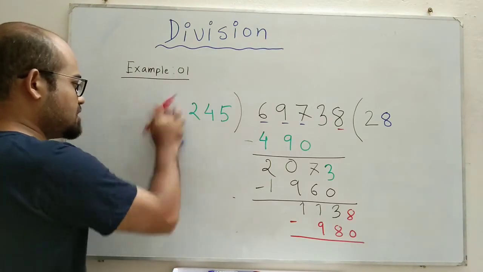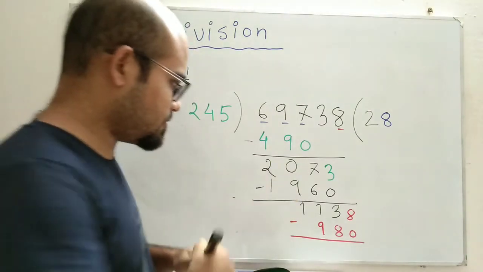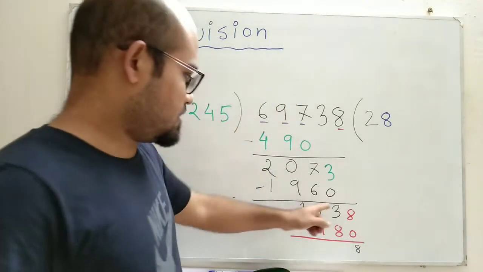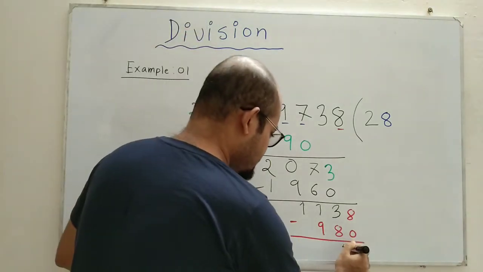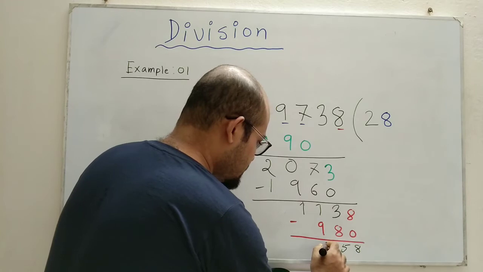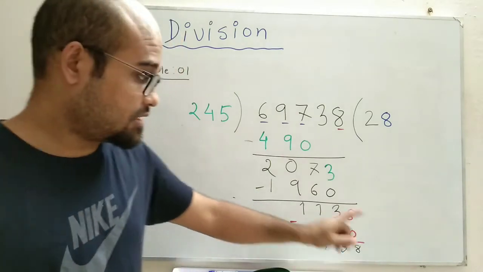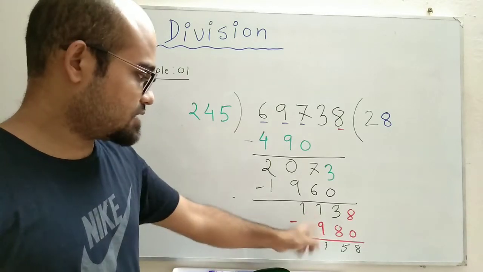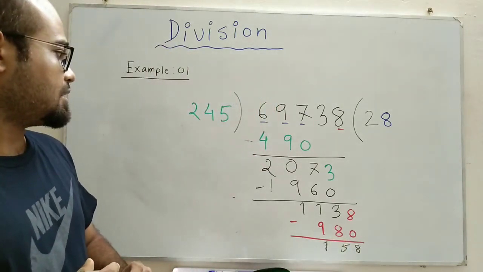After putting 980, what do we do? Well, let's carry out the subtraction process in order to see what we have found. 8 minus 0 gives me 8. 13 minus 8 gives me how much? 5. So it gives me 158.